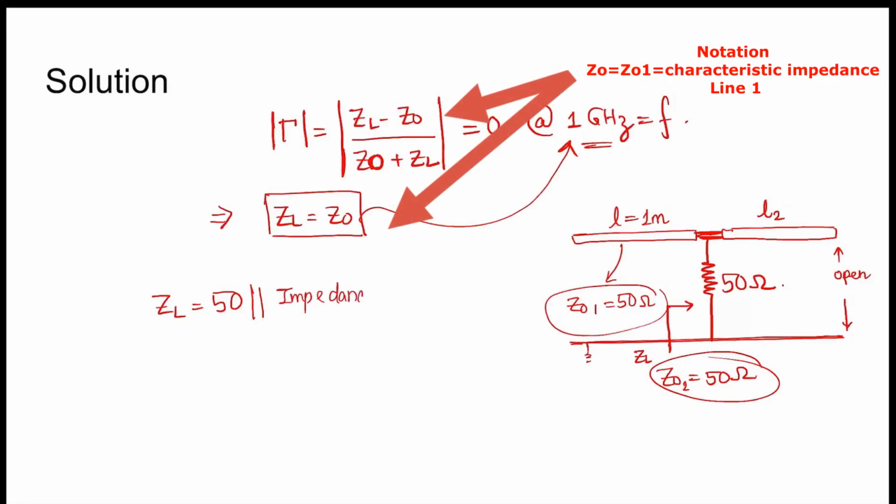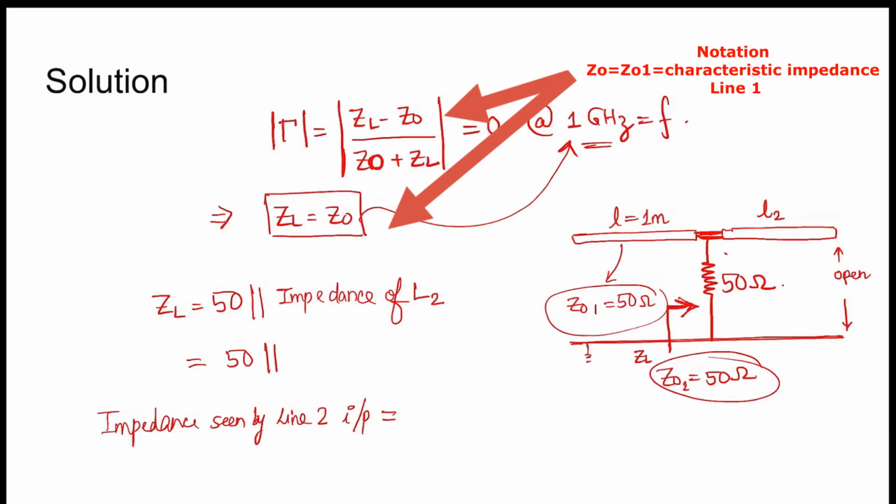So ZL is 50 parallel with the impedance of line 2, equal to 50 parallel with the impedance seen at the input of line 2. This line will have an input impedance of minus j Z02 cot beta L2, because L2 is the line length, right?